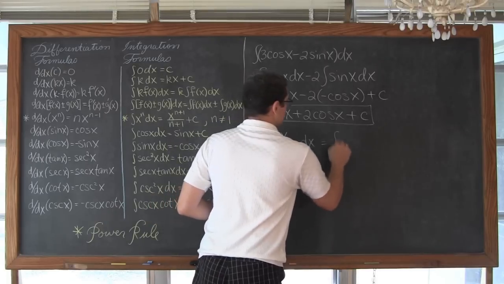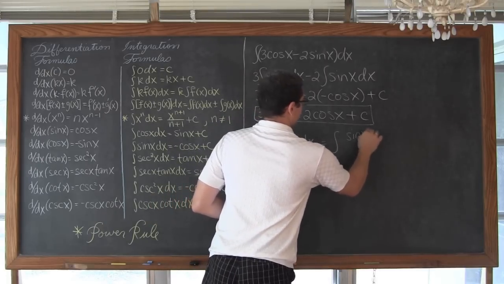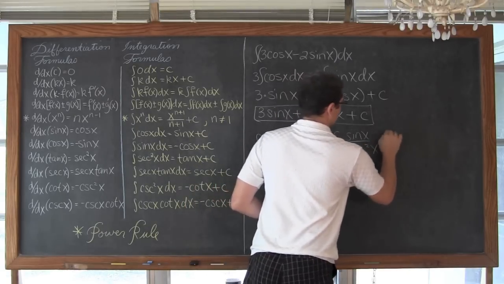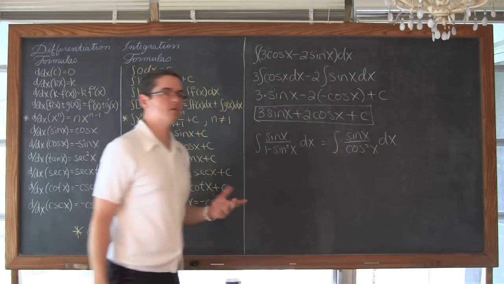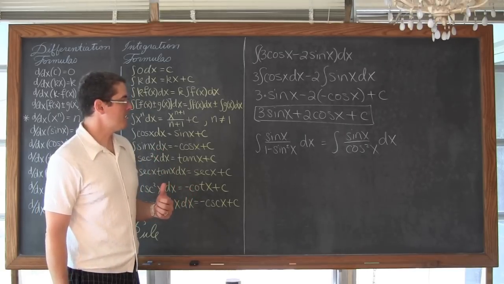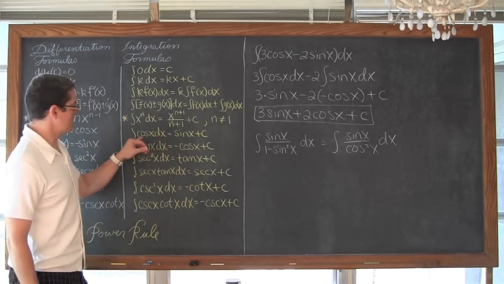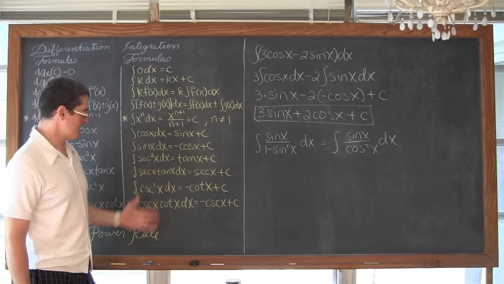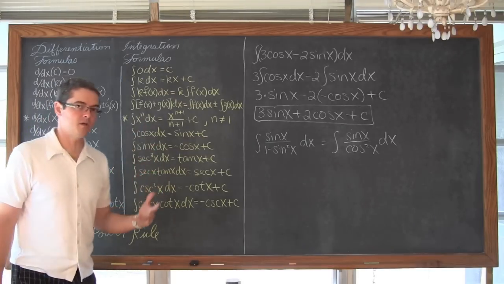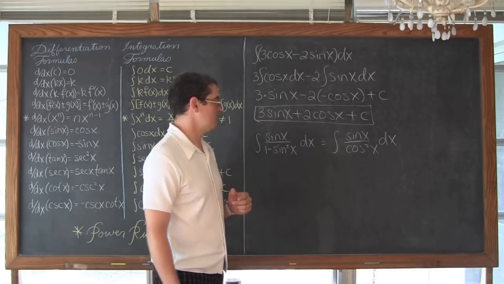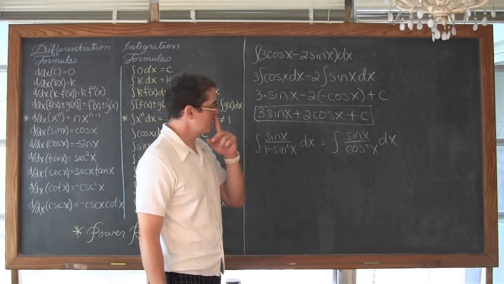So this becomes the integral of sine of x over cosine squared x dx. Well, I still have a quotient, so that's no good. And there's nothing in here that we have a formula for doing the integral of cosine squared x.